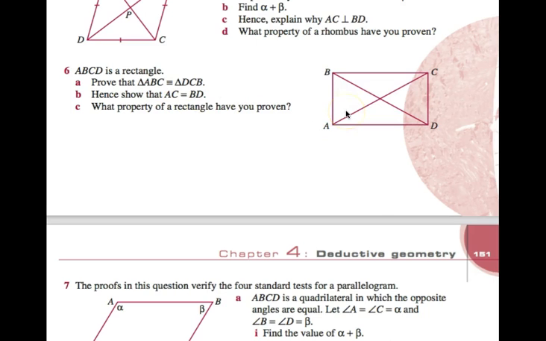Okay. And what they're trying to get you to show is that AC equals BD. So as long as you don't use the fact that AC equals BD in the first part of the proof, you'll be fine. Just the basics of a rectangle, that opposite sides are equal and that it's got 90-degree angles, is what you can use in part A in your proof.